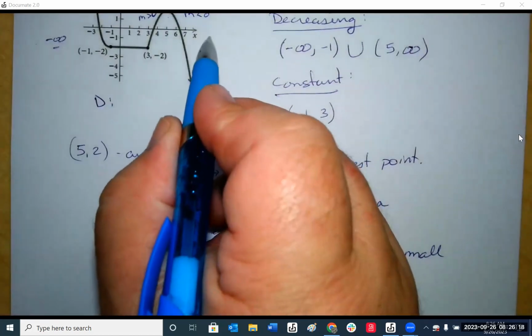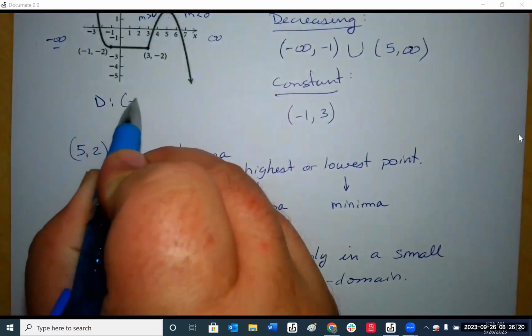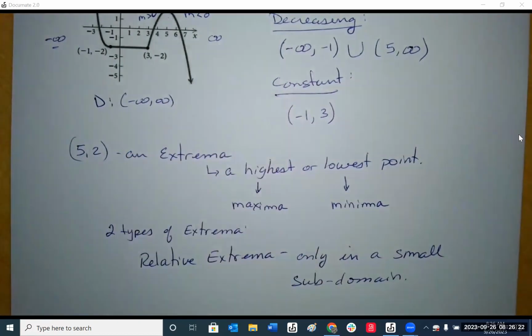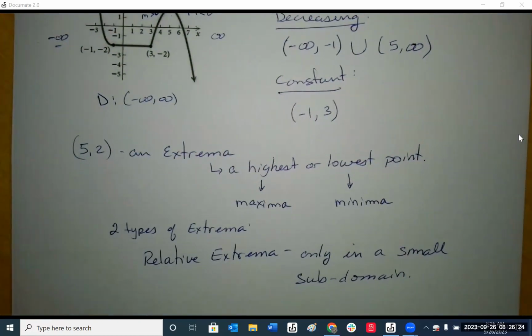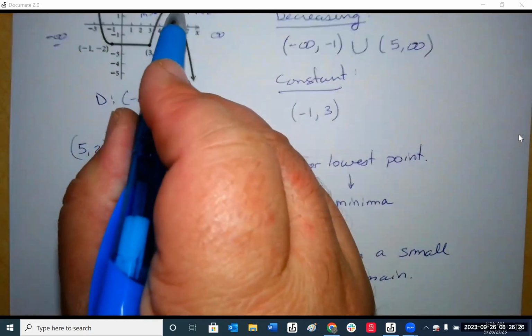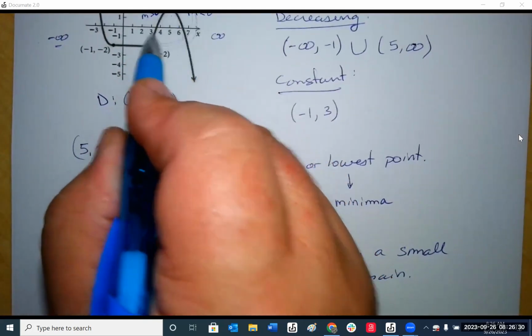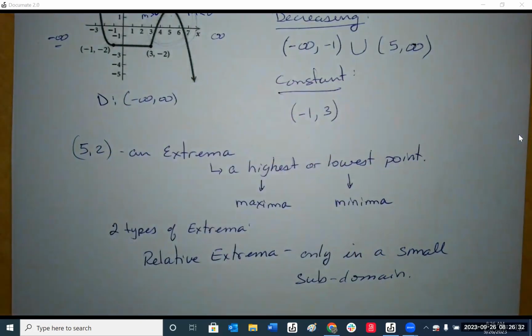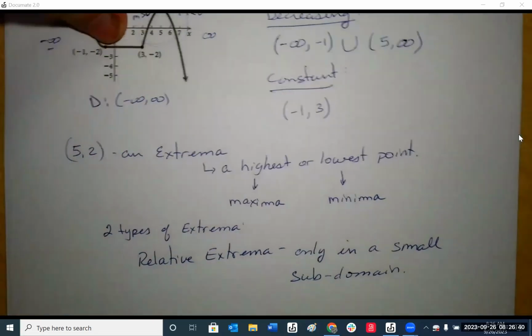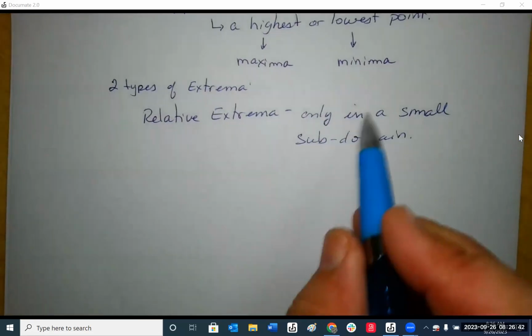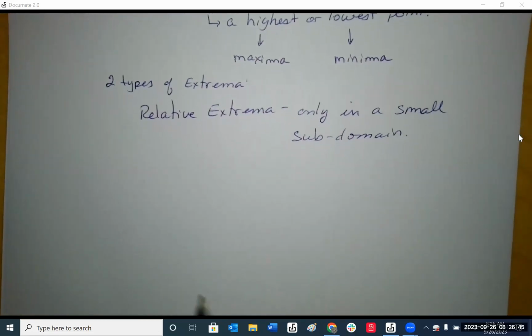Negative infinity to positive infinity. That's the domain. But this one's the highest in some small domain, like from 3 to 7. That's what you call a subdomain, a smaller domain inside the larger domain. So a relative extrema is only within a subdomain.